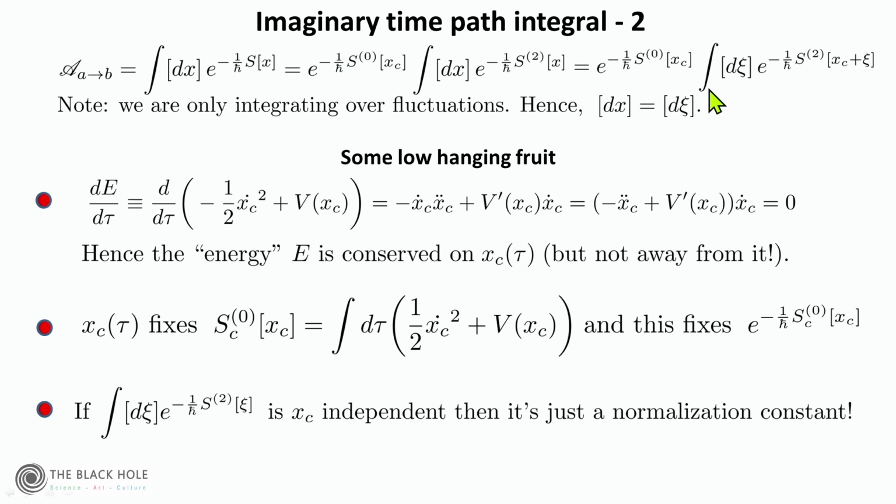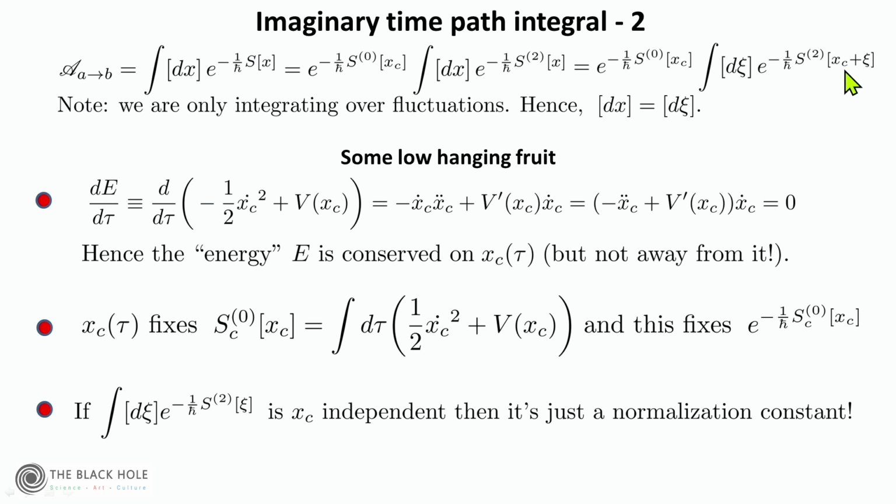On the other hand, now this over here is going to be more complicated, but it will be simple, or I should say relatively simple, if this S2 did not depend upon the classical path. And that is possible.